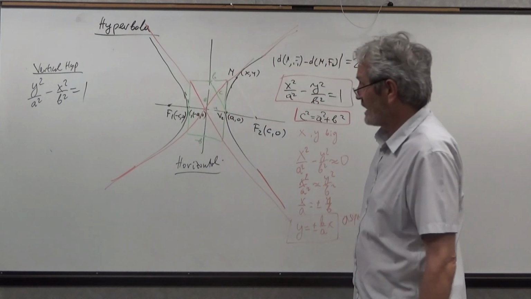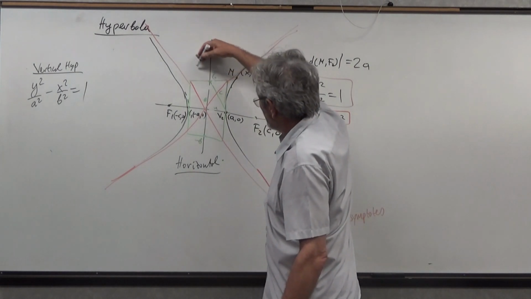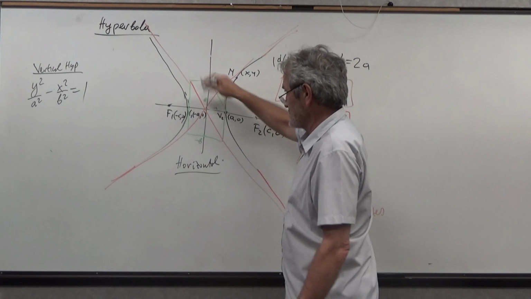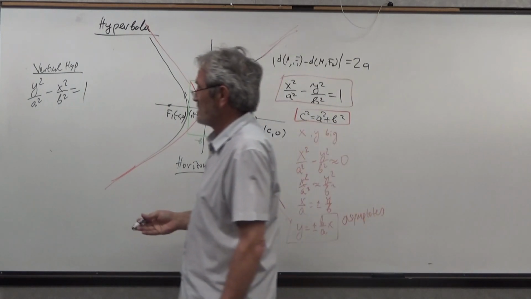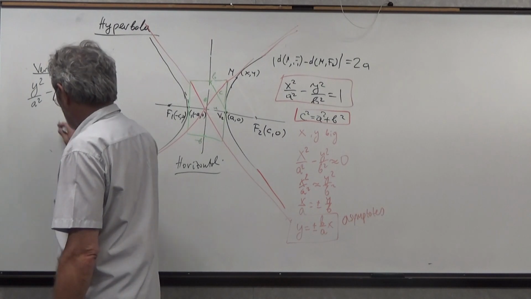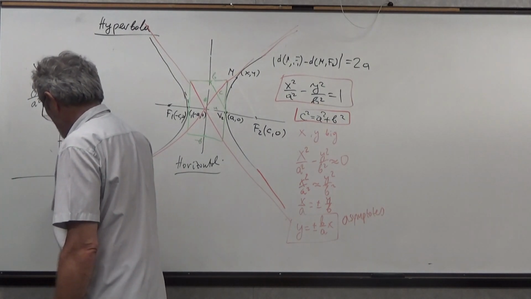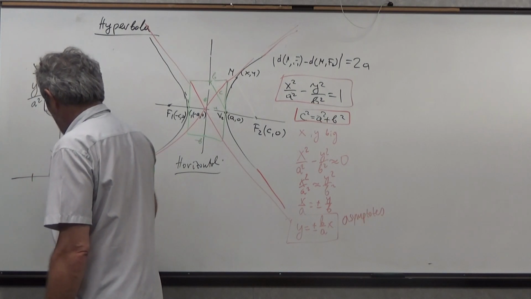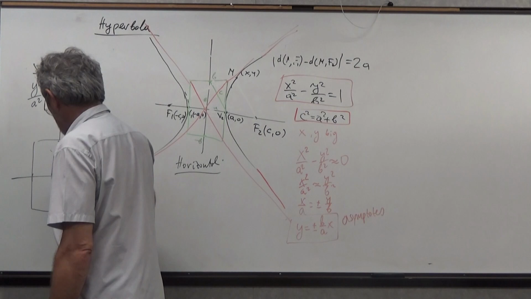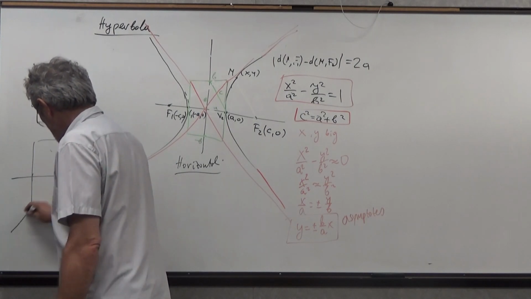So how would that look? Basically, it would be in the other two quarters of this asymptote business. So generally, how do we draw this? Now y gets a, doesn't matter who's bigger, x gets b, so here is a, here is b, and then c is the diagonal.